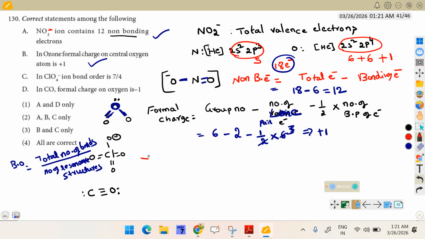This is the first possible structure. Next possible structure: initially O minus is at the top. Now O minus is present on the right side. In the next structure, O minus is present at the bottom. In the next structure, O minus is present on the left-hand side. So the total possible structures is 4.